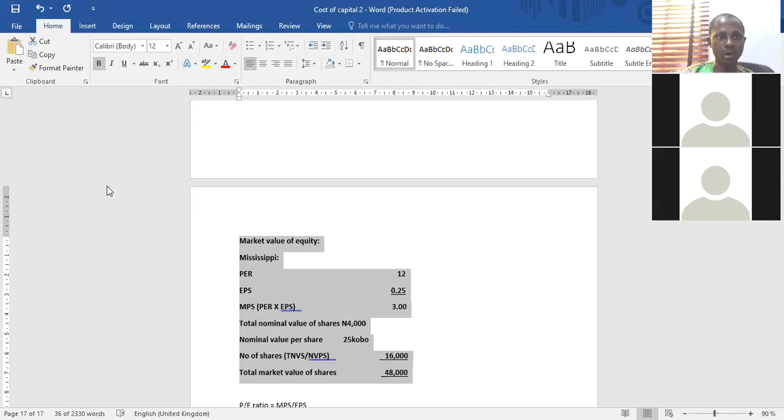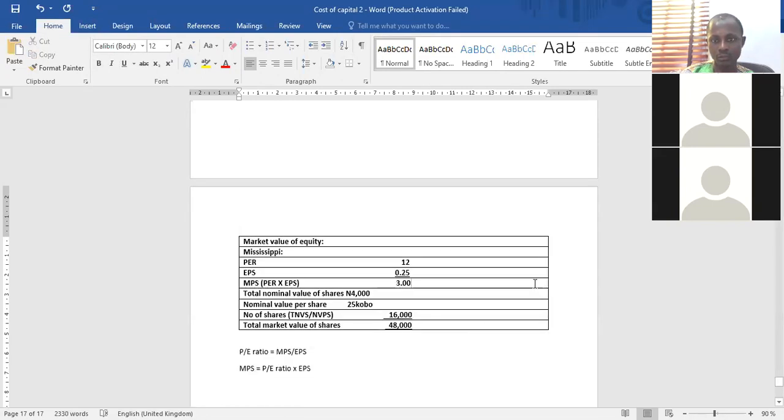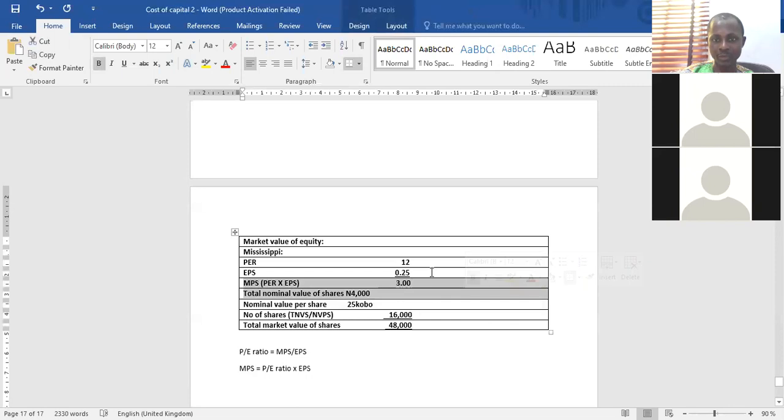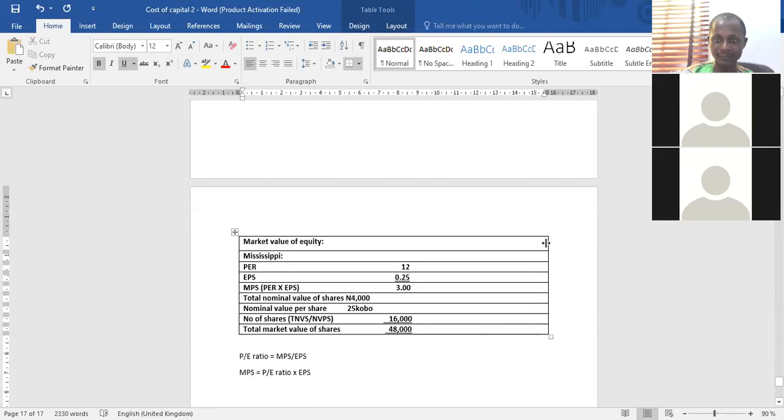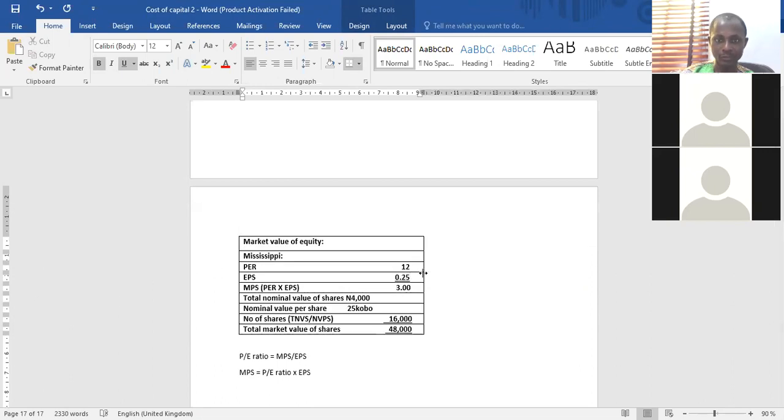It will not work. I don't want to use it. I want to leave it there so that it can serve as reference when you are revising. That's why I want to just put it in the table.